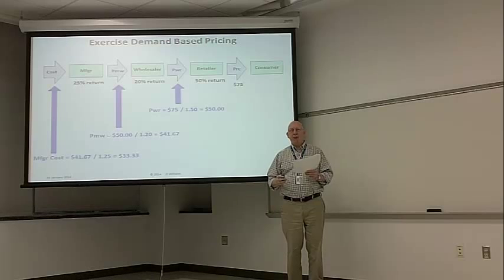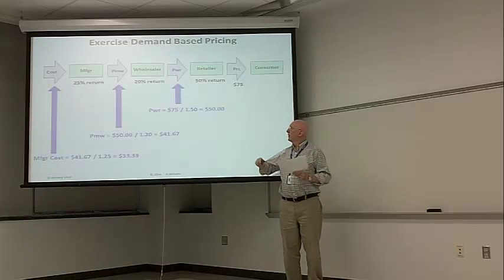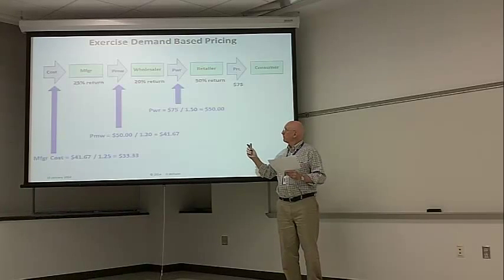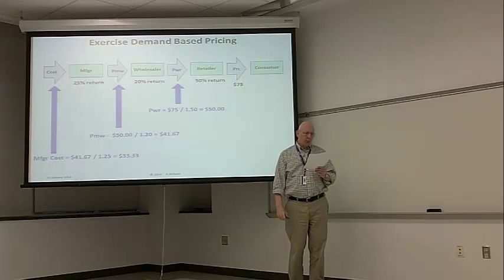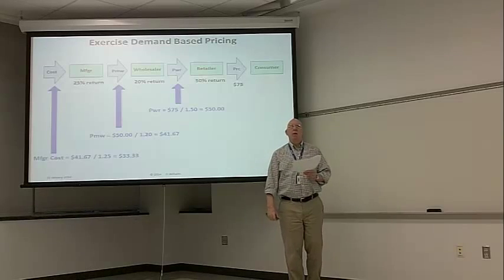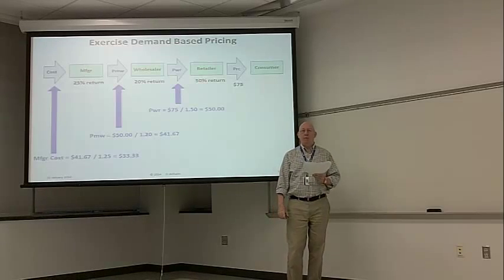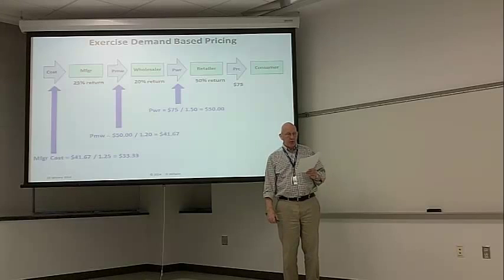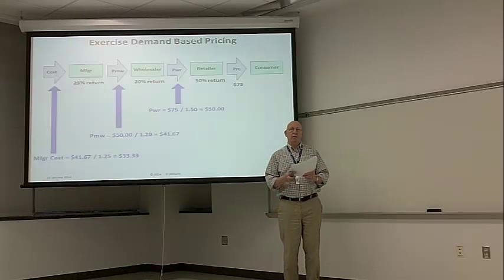Finally, the manufacturer uses their price to the wholesaler divided by 1 plus their rate of return, $41.67 divided by 1.25. They have to be able to make this product for $33.33, so that the consumer has to pay no more than $75 for it.